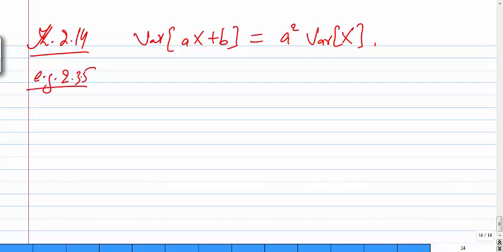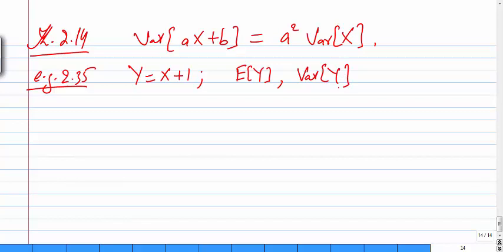A new fax machine automatically transmits an initial cover page that precedes the regular fax transmission of X information. Using this new machine, the number of pages in a fax is Y equal to X plus 1. What are the expected value and variance of Y? We have to calculate the expected value of Y and also the variance of Y.